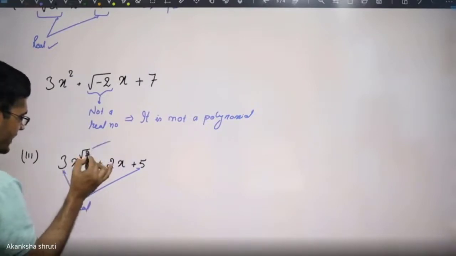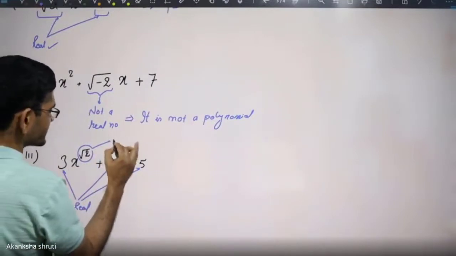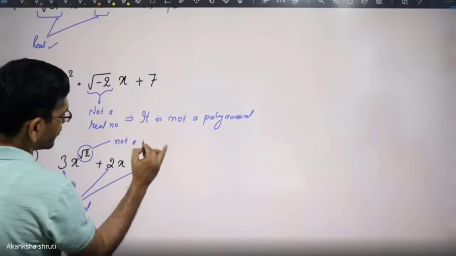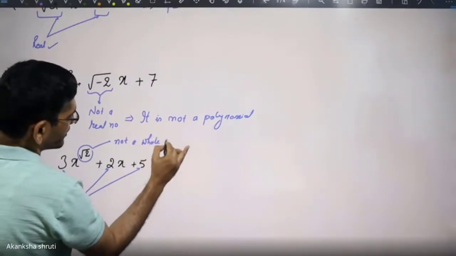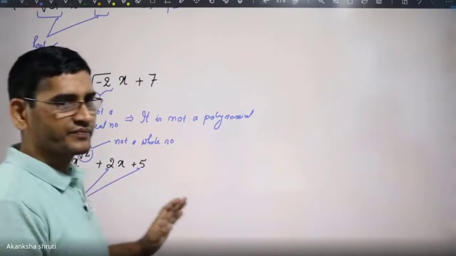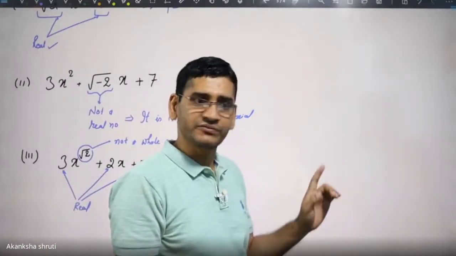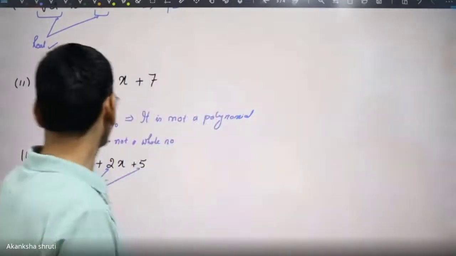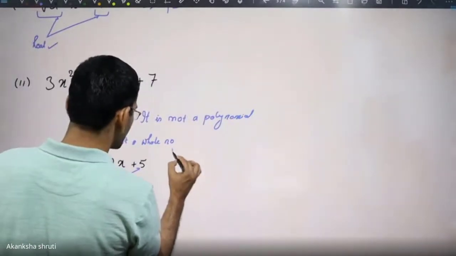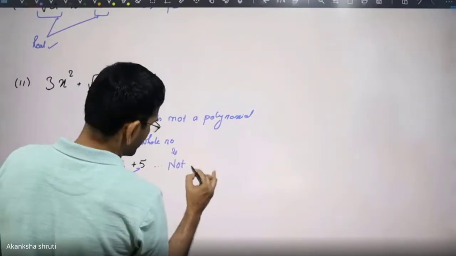Because x to the power this one, what is it? It is an irrational number, or simply you have to understand, not a whole number. Root 2 is not a whole number, it is an irrational number. Whole numbers and natural numbers are all part of rational numbers. So from here we learn that it is not a polynomial.